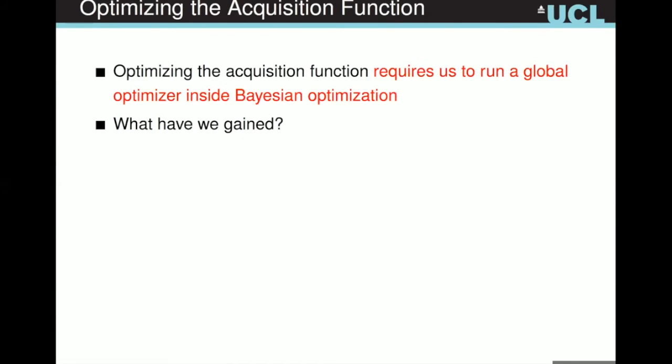We started off with a problem where we said, okay, we want to find an optimal value for a function. We want to optimize a function that is super expensive to evaluate. So we cannot afford evaluating this function 100 or maybe 1,000 or 1,000,000 times.